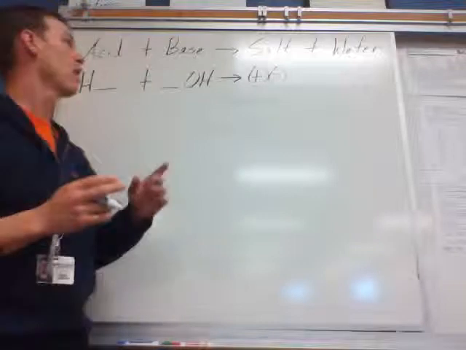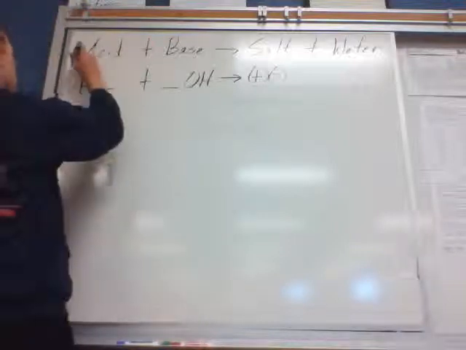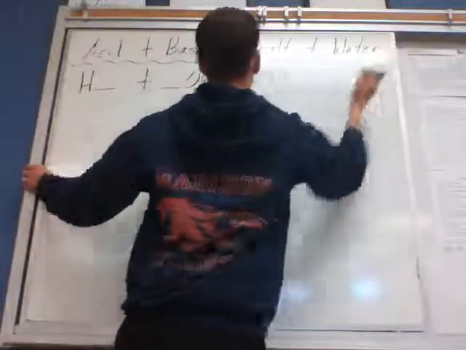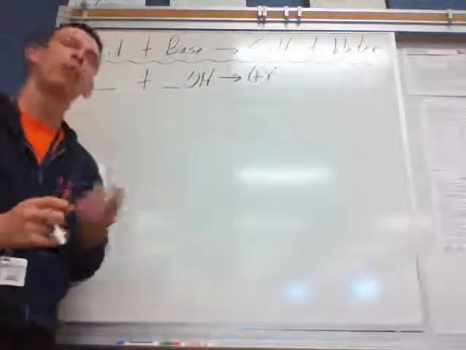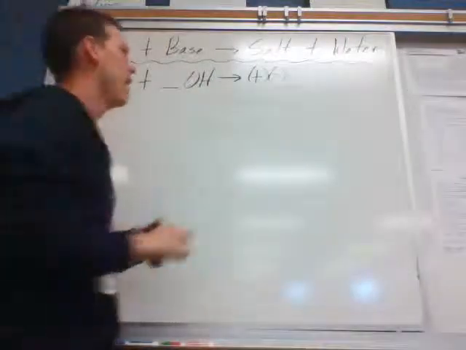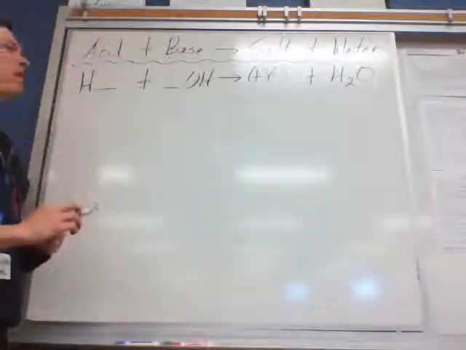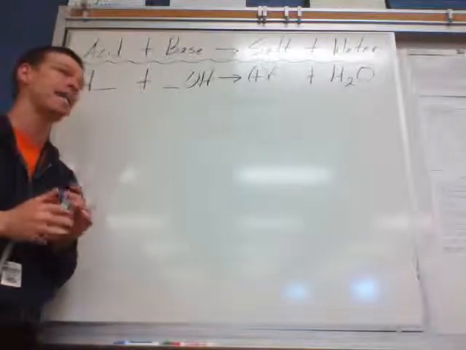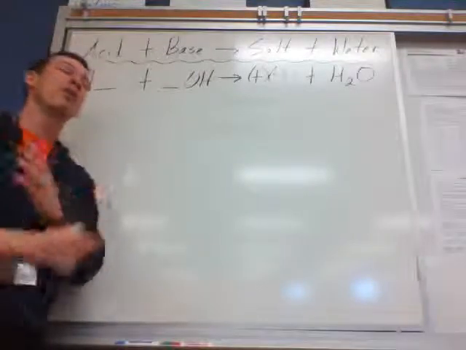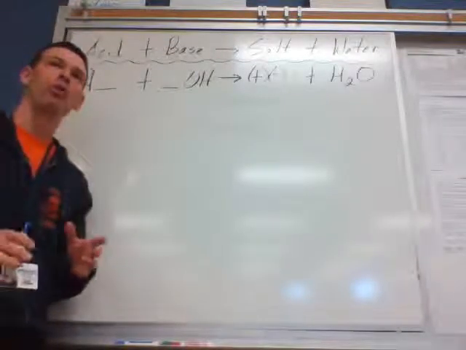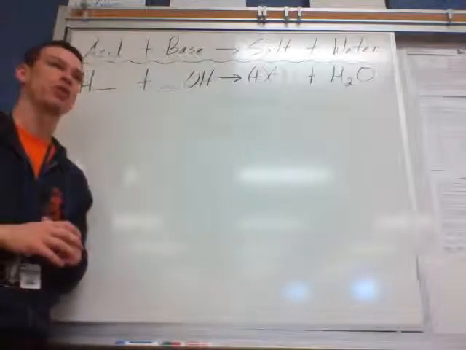But in other words, one of the products of a neutralization reaction will always be an ionic compound, but we'll call it salt. And then, of course, we know that water is H2O. So, both of the sentences above and below the line say the exact same thing, and both of them are always true for neutralization reactions.